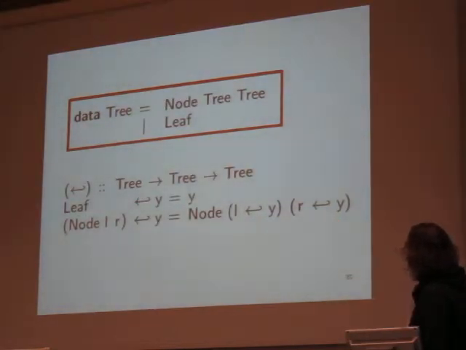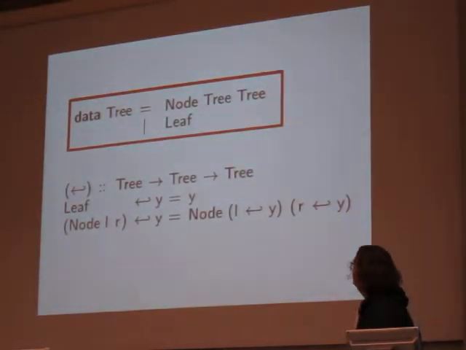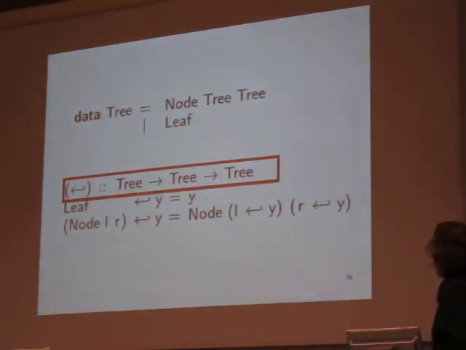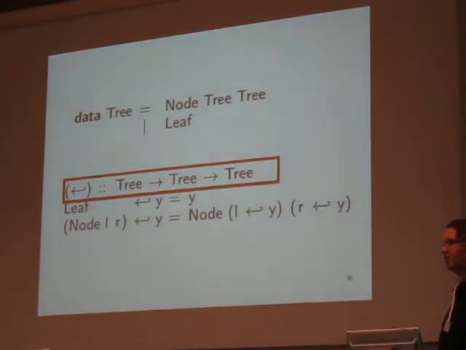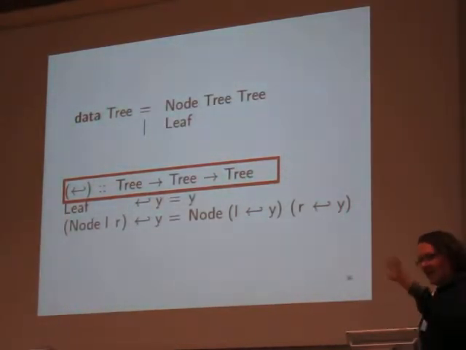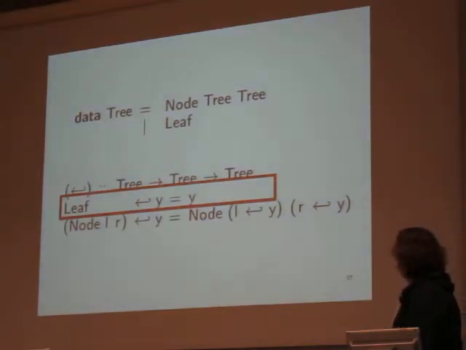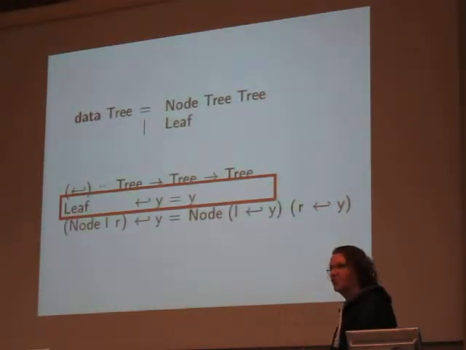So it's either a node with two trees as children, or it's a leaf, and we have a substitution operator, which takes a tree and another tree and then returns a tree. So what does it do? It replaces all the leaves of the left-hand side tree with the right-hand side tree. So, how does that work? If the left-hand side tree is a leaf, then it's just the right-hand side.